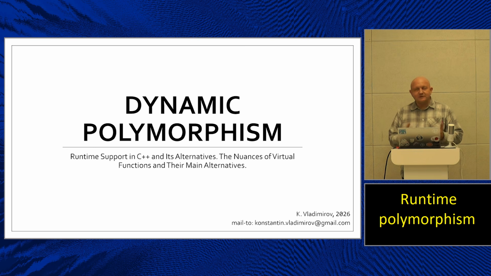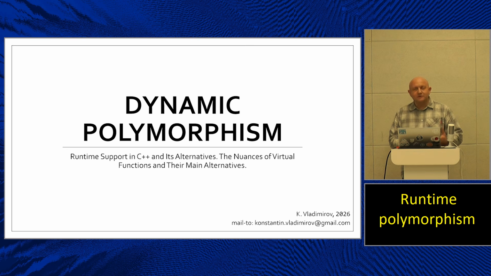They prefer templates, concepts, static polymorphism, anything that removes virtual functions from the picture. And yet, dynamic polymorphism keeps coming back. So today, we'll try to understand why. What problems does it actually solve? When is it necessary? And when is it better to avoid it?